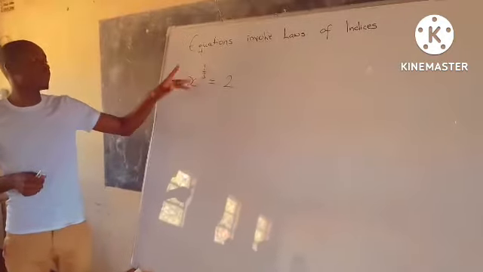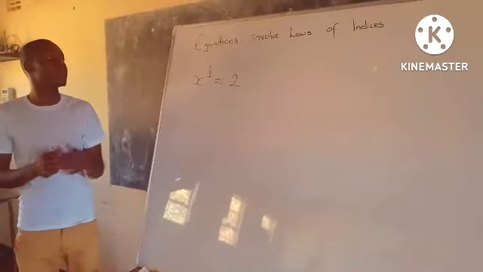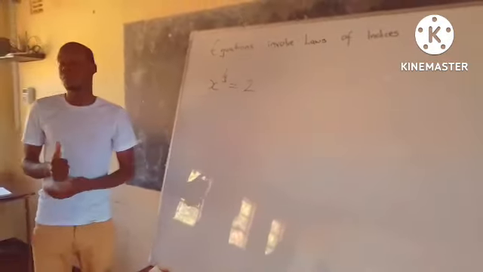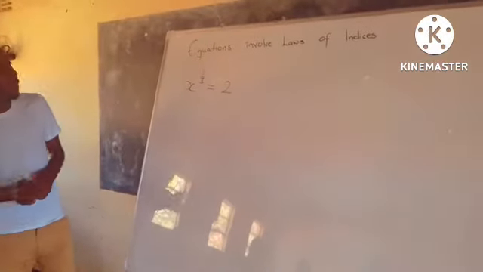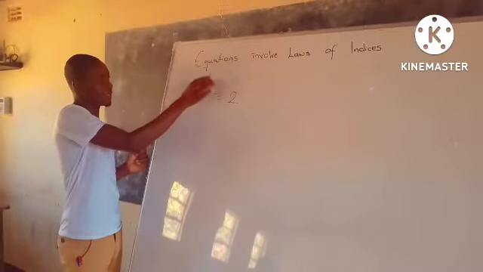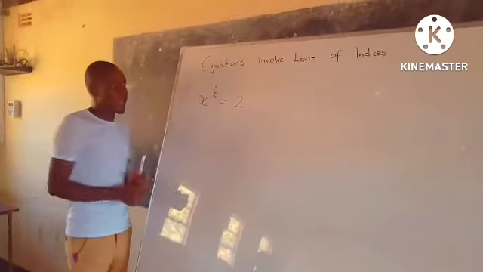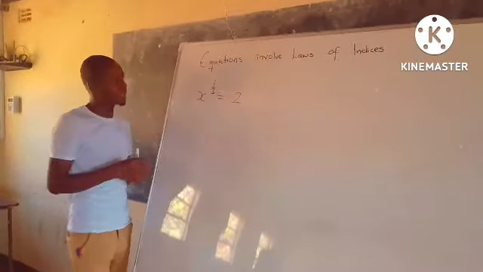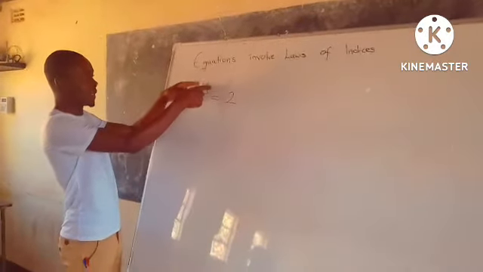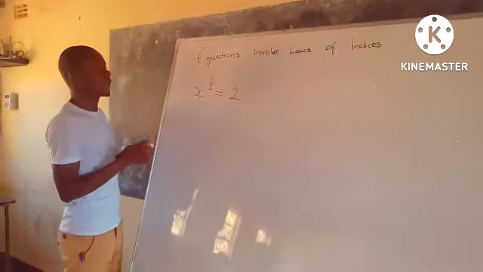You see here, solve the equation x to the power of 1/3 is equal to 2. So how to remove this 1/3 in order to remain with x here? How to remove this 1/3? So we can remove this fraction by its inverse.